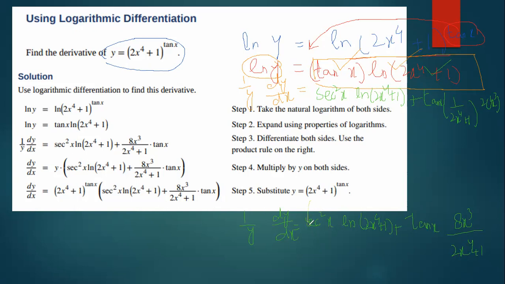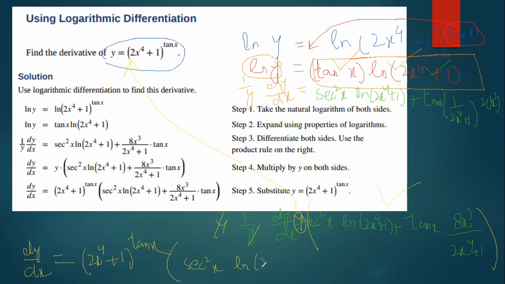Now multiply y on both sides, so it will be y here and y here, so this y and this y will be cancelled out, so dy upon dx will be, as this is y, so what is the value of y, the value is this one, so I have to put this y here, so it will be 2x power 4 plus 1 to the power tan x, then taking all this value, so it will be secant square x log of 2x power 4 plus 1 plus 8x cube divided by 2x power 4 plus 1 with tan x.